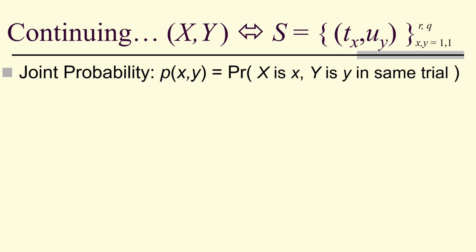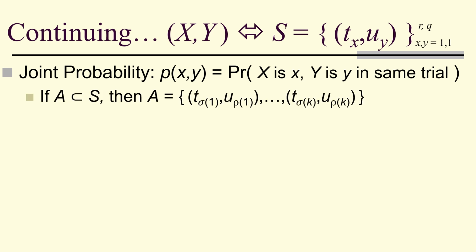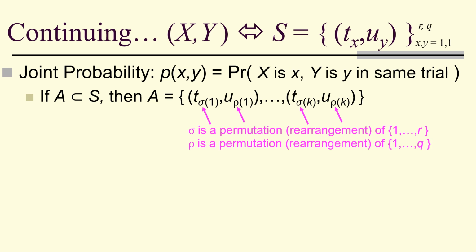So joint probability, P of x, y, is the probability that X is x and Y is y in the same trial. If A is a subset, then we're really looking at all these pairs with these possible indices. So sigma here is a permutation of 1 to r, and rho is a permutation of 1 to q.